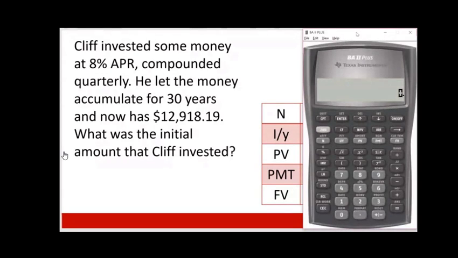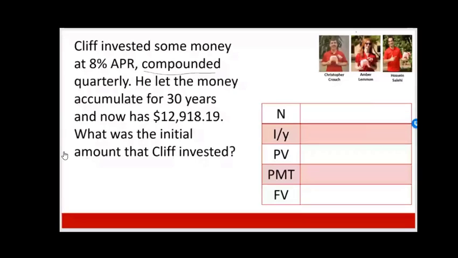All right, thank you. So Cliff invested some money at 8% APR compounding quarterly. He left the money accumulated for 30 years and now he has this balance. So what was the initial amount that Cliff invested? So first of all, we have compounded quarterly, all right?